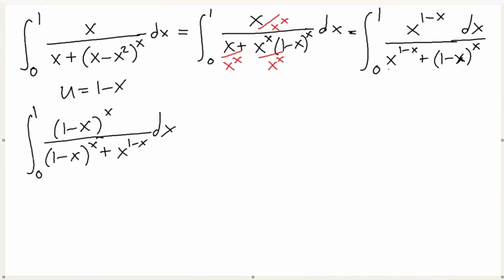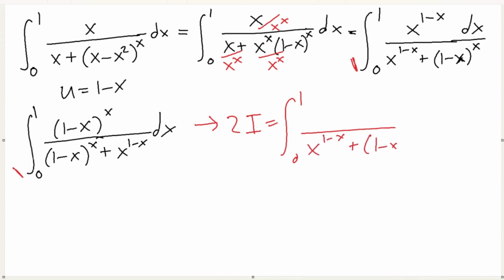Aha! And then we add this integral and this integral, and this gives us 2y. The denominator is the same thing. As you can see, this will definitely cancel out, and this is equal to 1.